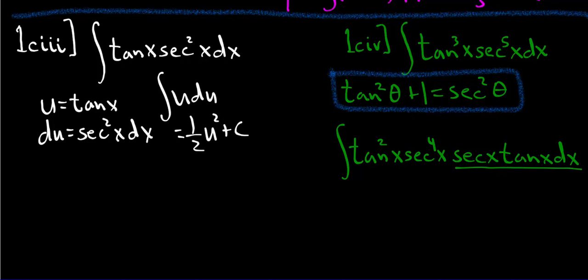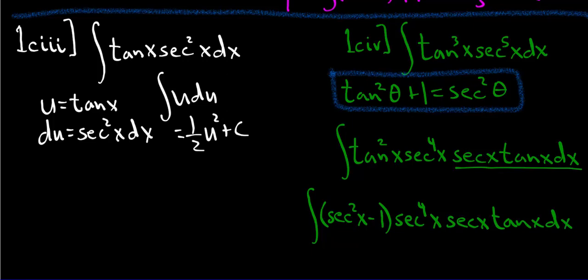But I've got a problem here, and then I've got tangent squared. That's not a real problem because of this Pythagorean identity. In place of tangent squared, I can write that as secant squared x minus 1. See? I just subtract 1 in the identity and you've got it. Times secant to the fourth x, and then secant x tan x.